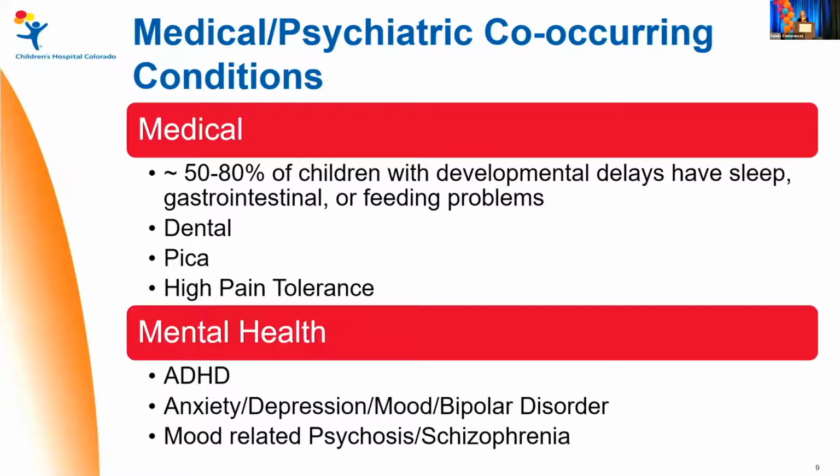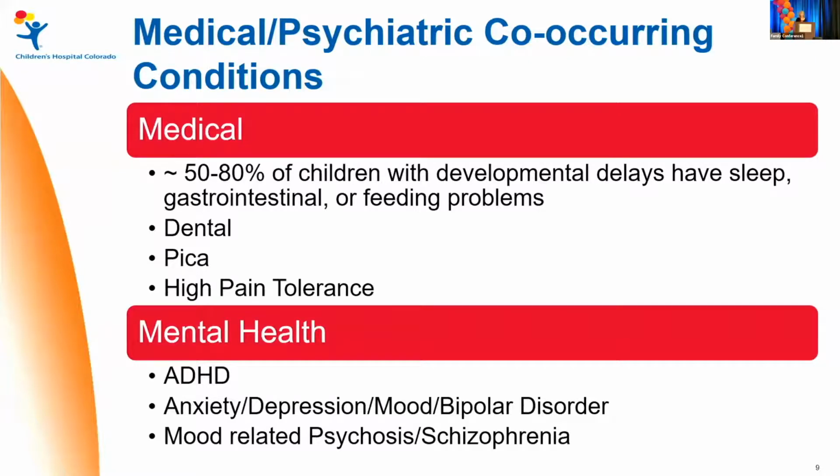These are things that can impact behavior. Also, high pain tolerance makes it hard to know what's going on. We also like to make sure kids are getting to dental visits, even if it's just for a quick peek, or using a child life specialist or desensitization to help them with those visits.